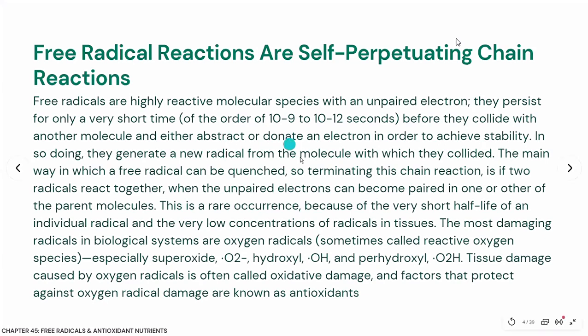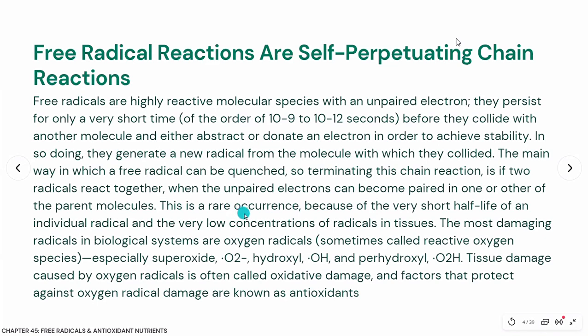So it says here, a free radical can be quenched, terminating this chain reaction, if two radicals react together. So when two unpaired electrons now become paired, they become paired in one or other of the parent molecules.